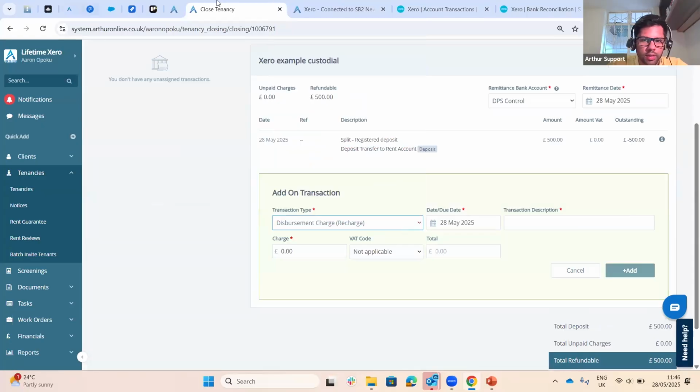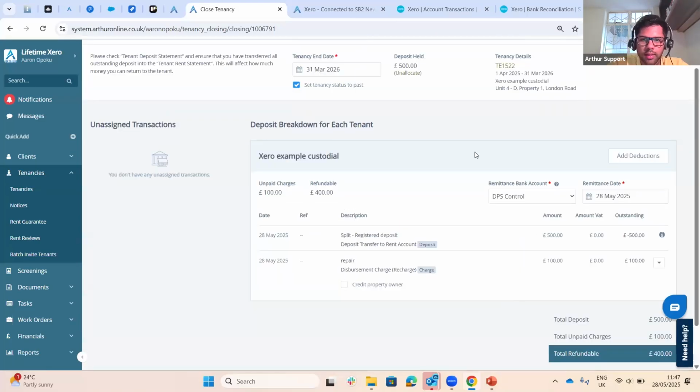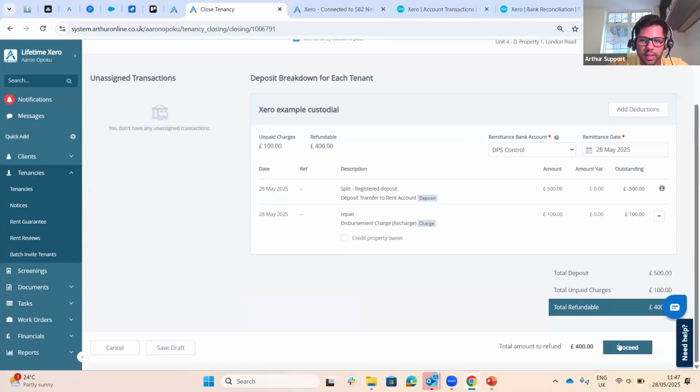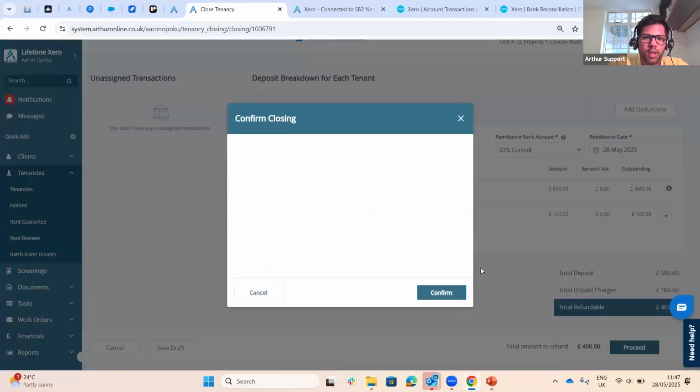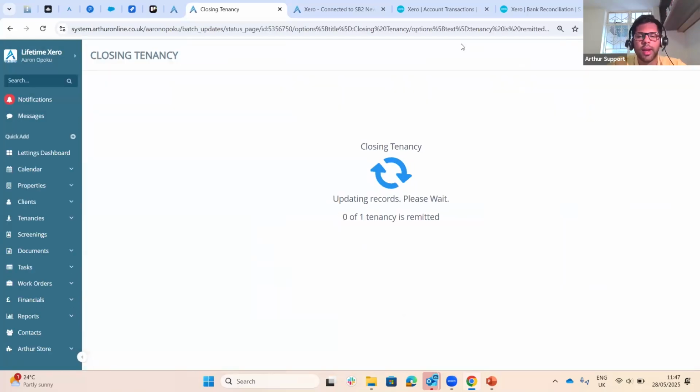So disbursement charge, repair, £100, add, and then cancel. So we process that refund back. We've changed that to DPS control. So what we're doing now is processing that refund back to the tenant.